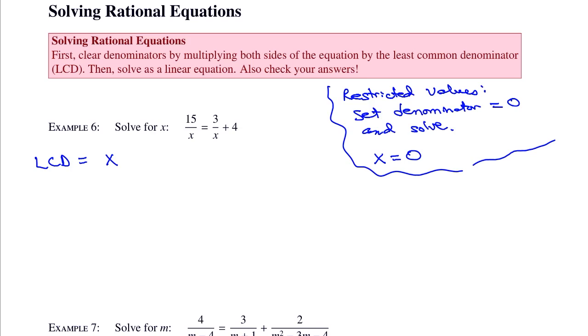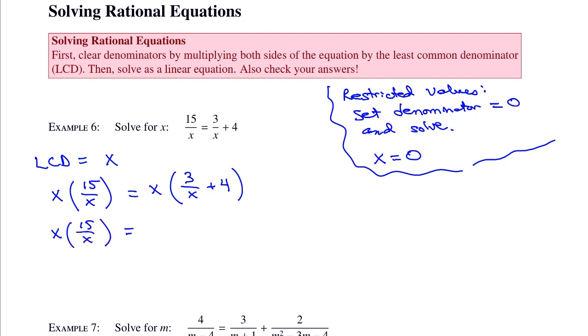I'm going to multiply both sides of the equation by x. So we have x times 15 over x is equal to x times 3 over x plus 4. I'm going to distribute the x on the right side, so I'll leave the left side alone for now.